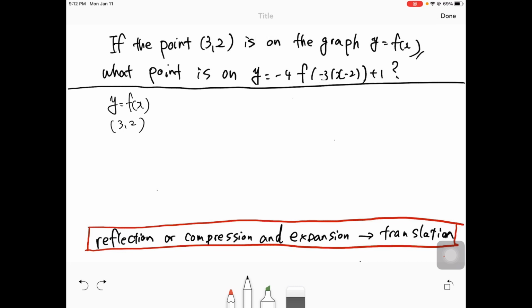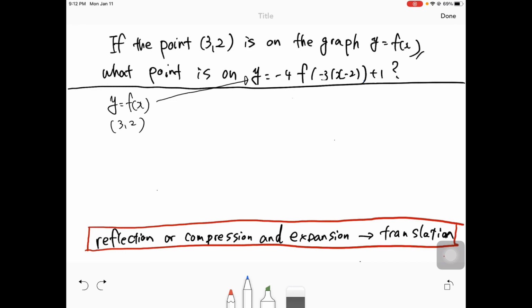So what you have to do is transform the function from y equals f of x to this complicated function, and also move the point (3, 2). Then you find the point on this function. But it's so hard to do it all at one time, so you do it step by step.